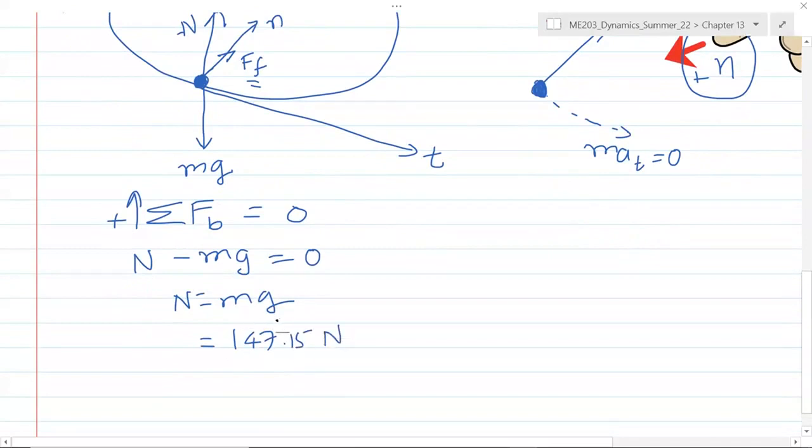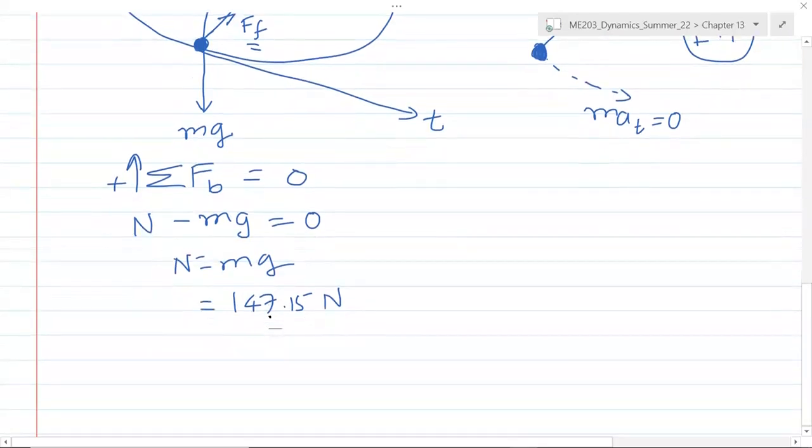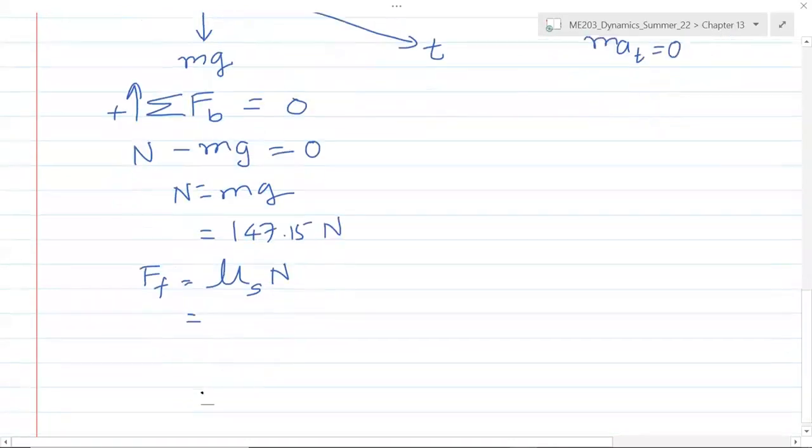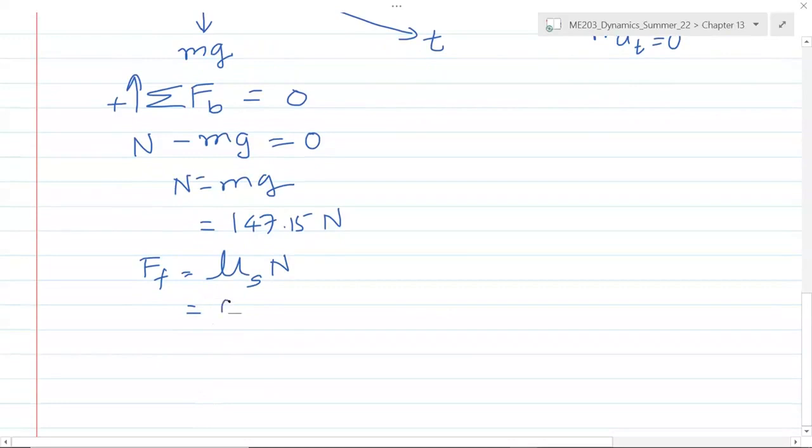Mass of the girl, 15 kilogram, multiplied by 9.81. The friction force F_f is mu_s, static friction, which is 0.2, times normal force 147.15, and that's 29.43 newtons.